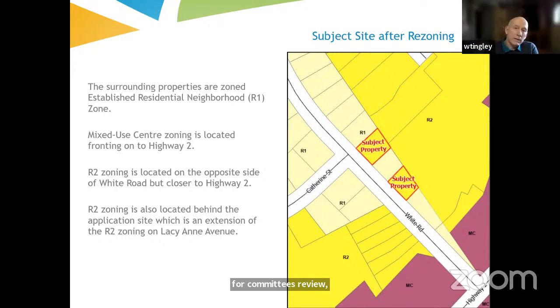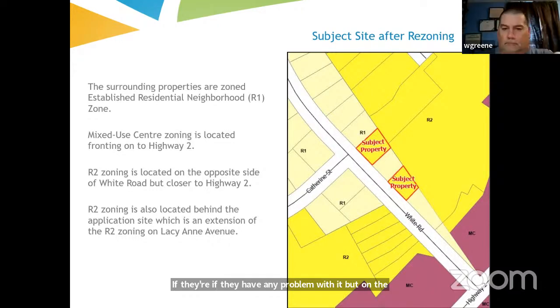Okay. Because if all 3 of them had been R2, I think my decision would have been to go with it. But where it is checkered, I have some concerns, especially for the person that's in between, if they have any problem with it. But on the street I live on, there are houses with accessory properties attached and 2 driveways.